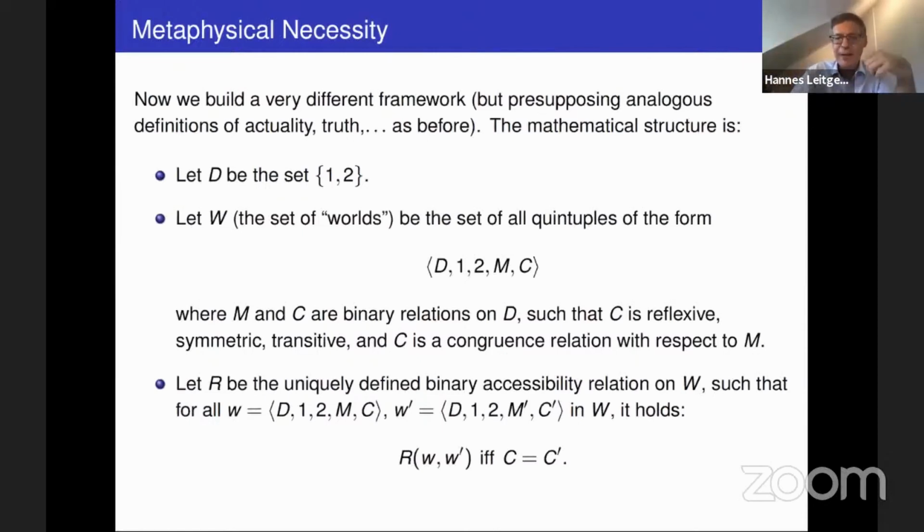So this means, for example, if C thinks that 1 is identical to 2, that is, 1 stands in the C relation to 2, 1 and 2 are indistinguishable from the viewpoint of that world. For example, if 1 stands in the M relation to 1, and 1 is congruent (C) to 2, then 1 must also stand in the M relation to 2, and 2 to 1, and 2 to 2, because 1 and 2 are indistinguishable once they are congruent. Okay, so congruence is something like the identity that is built into my possible worlds.